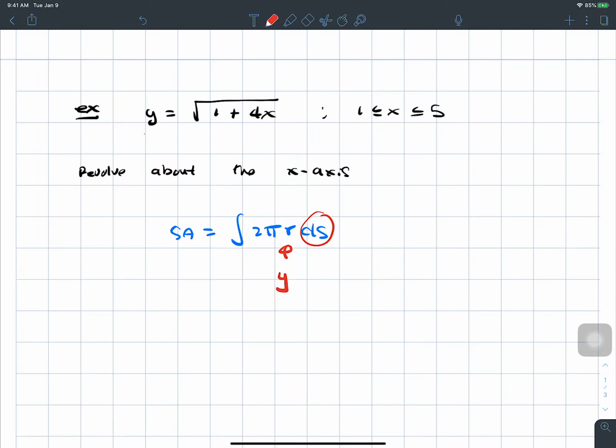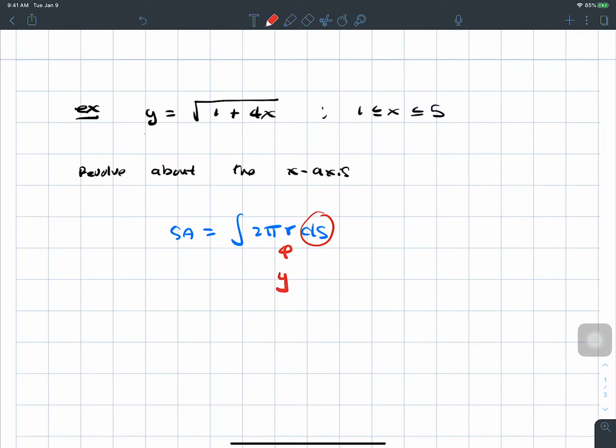So 1 plus 4 over 1 plus 4x. And our 1 now we can replace, remember, with 1 plus 4x over 1 plus 4x.